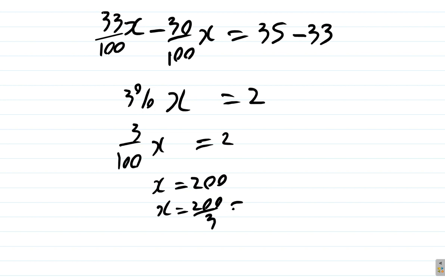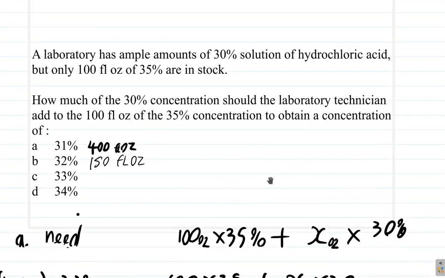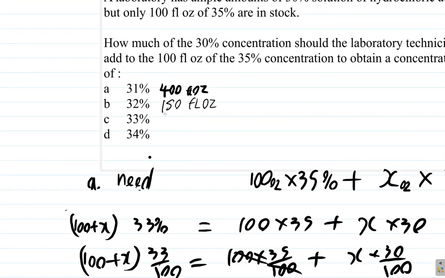x is equal to 200 over 3, which is what? 3 into 20 goes 6, and 2 remain. Oh, 66.7. Alright? So what you have here is just 66.7 fluid ounces, right?